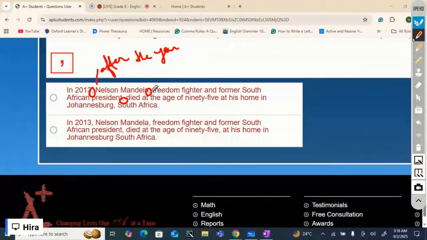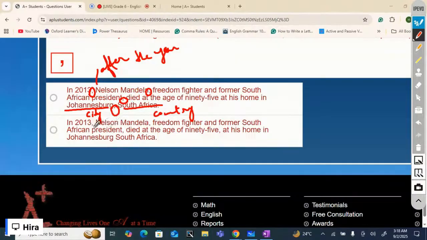So we understand this use. Died at the age of 95 at his home in Johannesburg, South Africa. Johannesburg, name of the city, South Africa, name of the country. And the use of comma is after the name of the city. So these three seem correct.